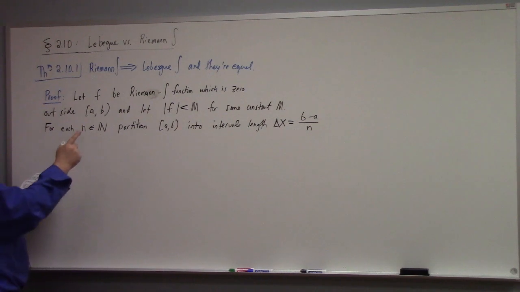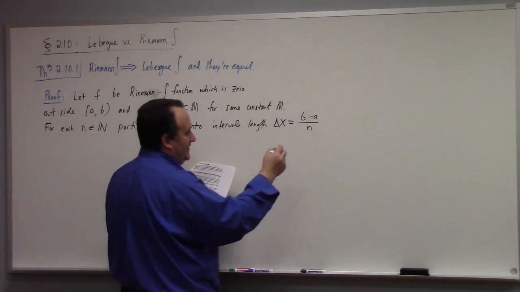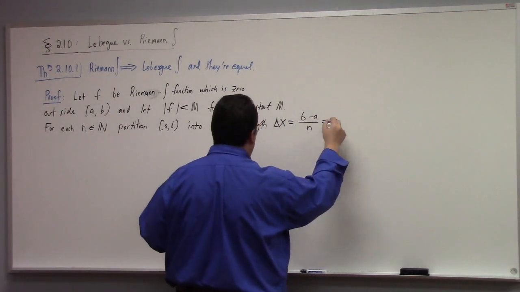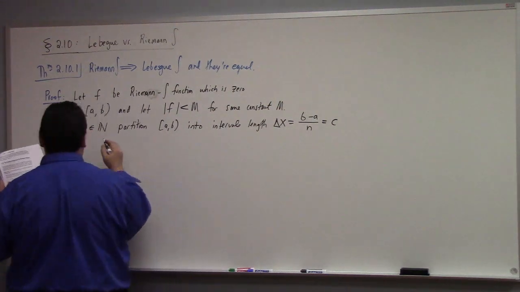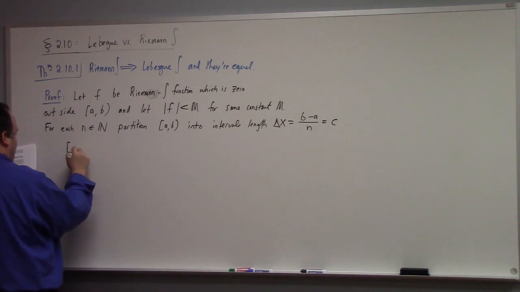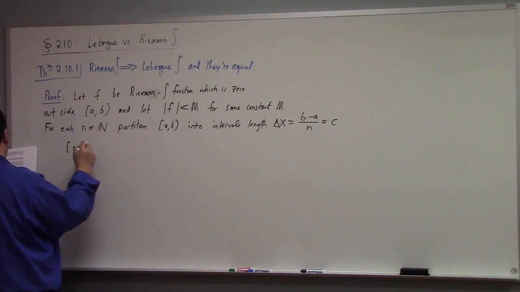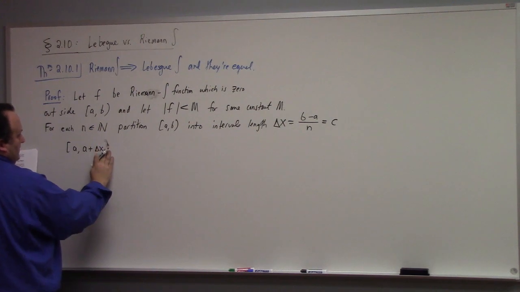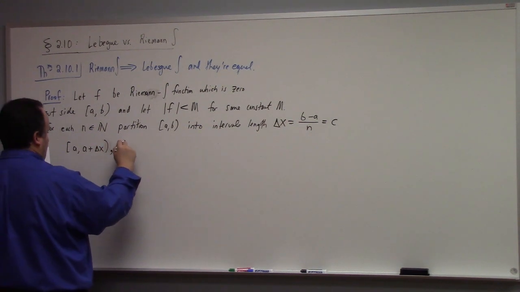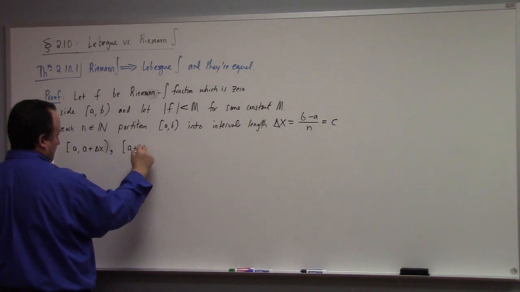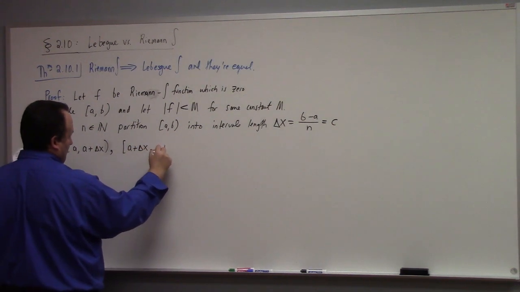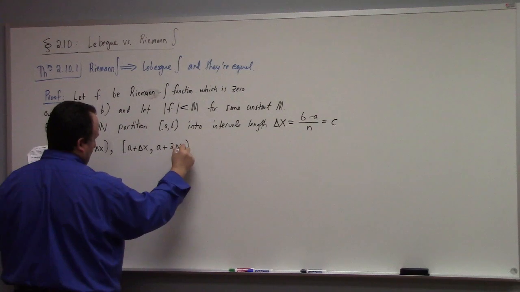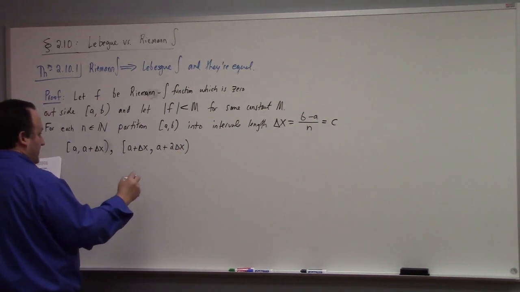Although he calls this c, and I guess I like the notation c since I'm about to write this a kabillion times. You know what? I don't like c. I like delta x because that's what it is. So you've got a, a plus delta x, a plus 2 delta x, and this goes on.